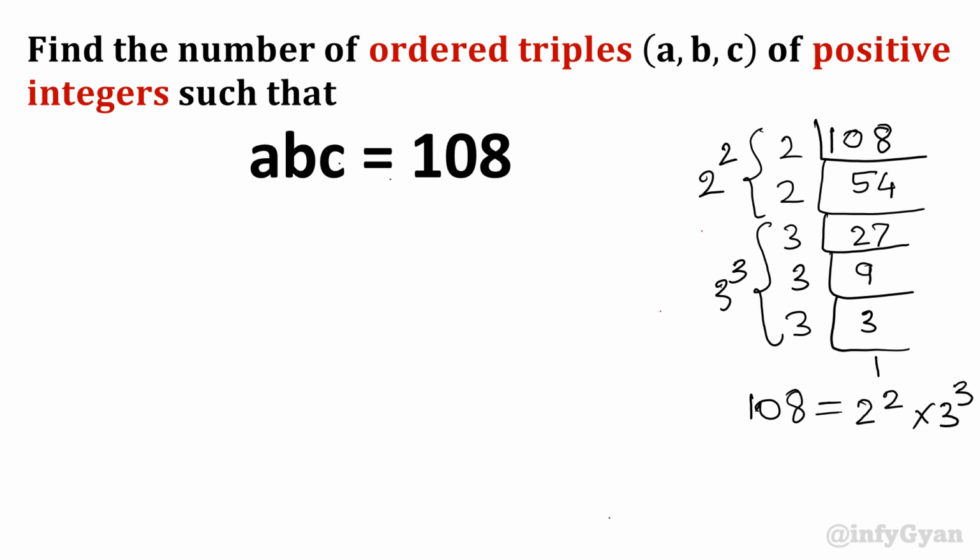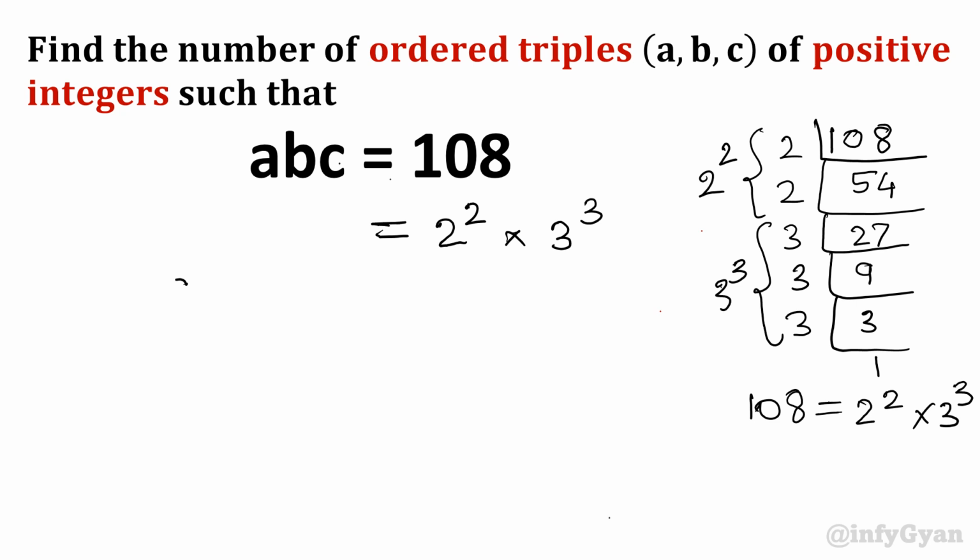So let me write here: 2 squared into 3 cubed. Now the important point is that 2 and 3 are prime numbers. If we want to write ABC in terms of prime exponents, in the format we have got from 108, that is the correct way of solving this.